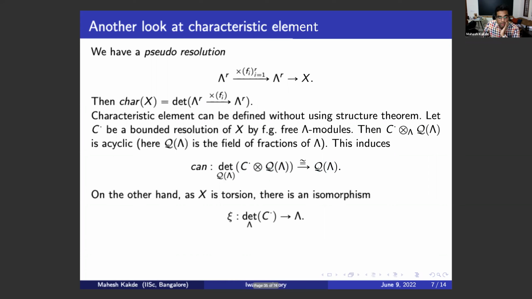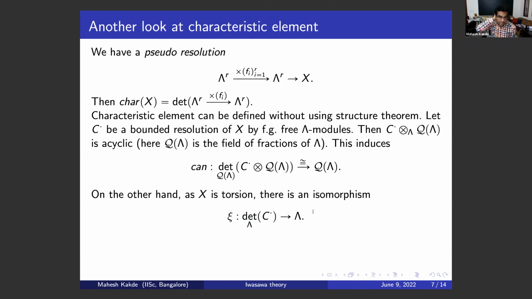On the other hand, because this complex C has Euler characteristic 0, you can actually show that there exists an isomorphism over Lambda itself between the determinant of this complex and Lambda.